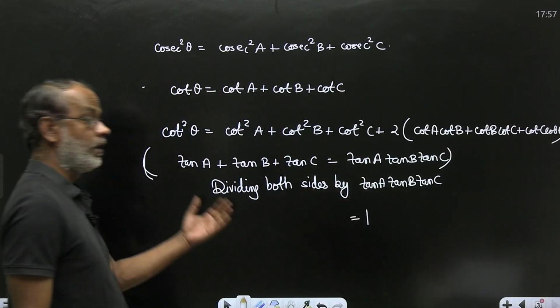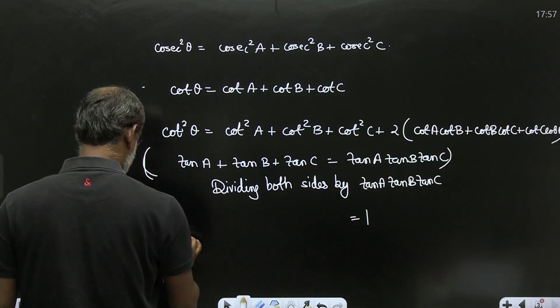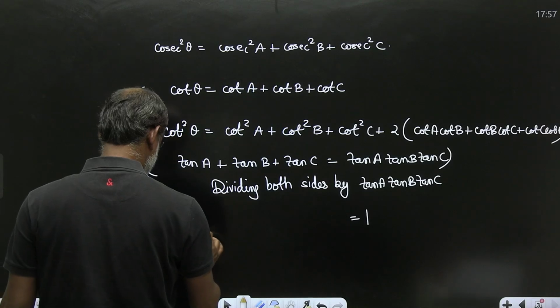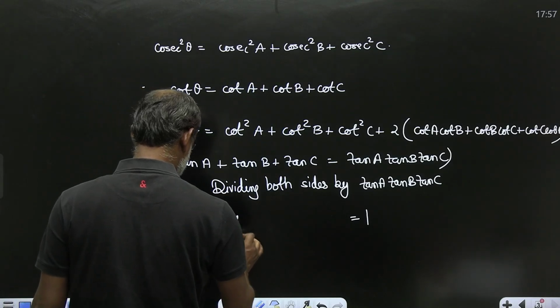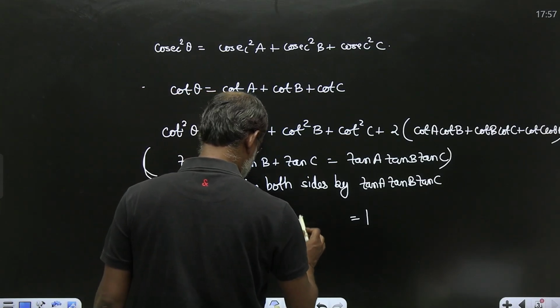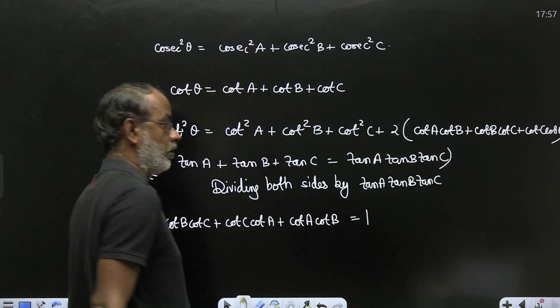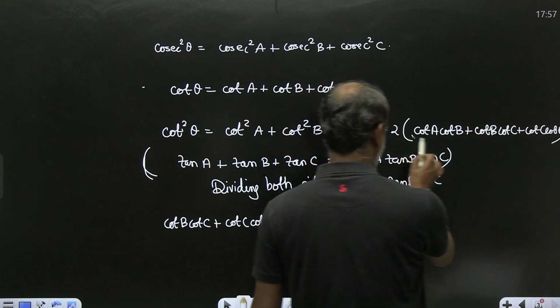And what are you going to get on the left hand side? Tan A gets cancelled out, cot B cot C plus cot A cot B. So this is nothing but 1.